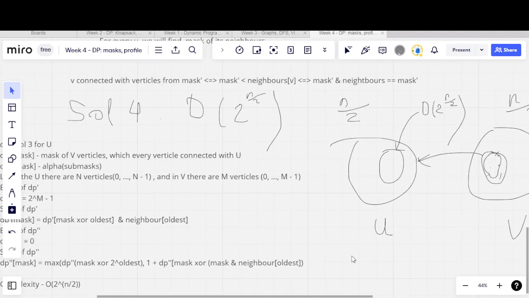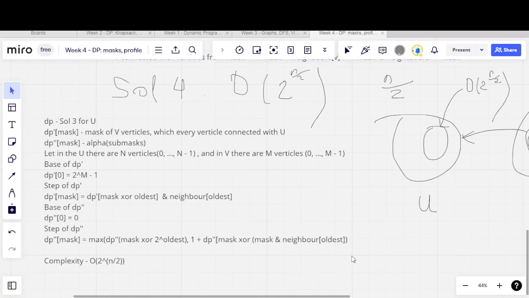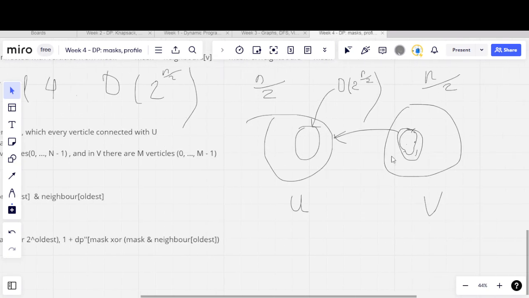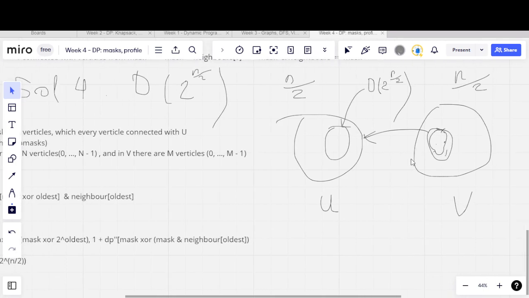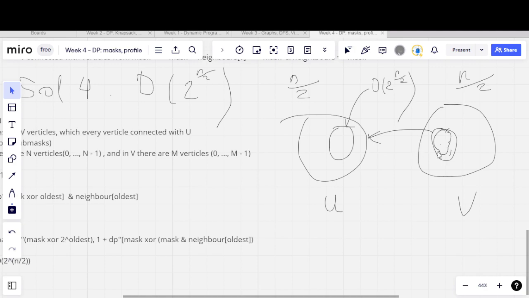Then we find mask of verticals. Then we find the pair that contains mask of verticals, whichever vertical connected with 0. Then we just find alpha from submasks. No, alpha masks. Alpha of this mask.